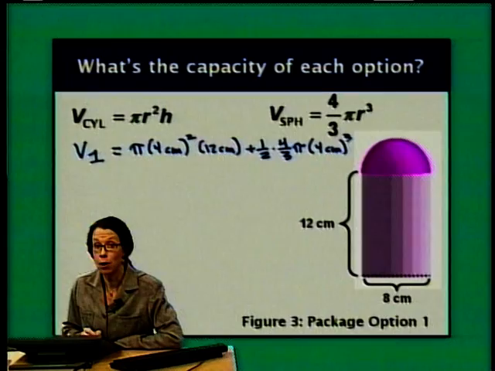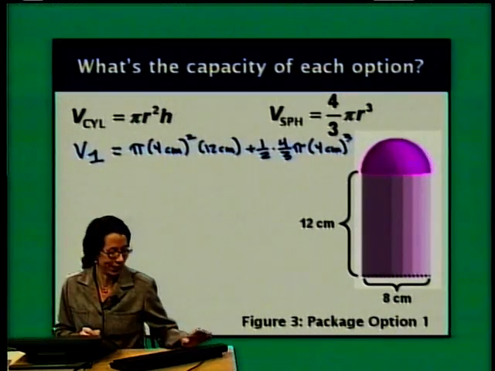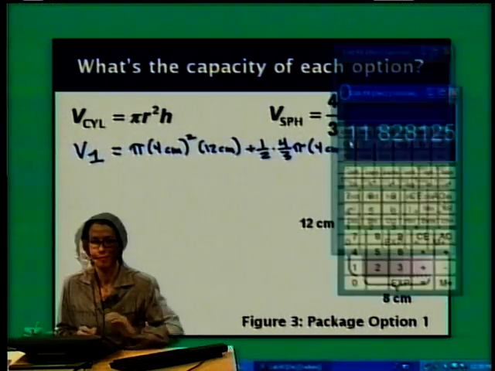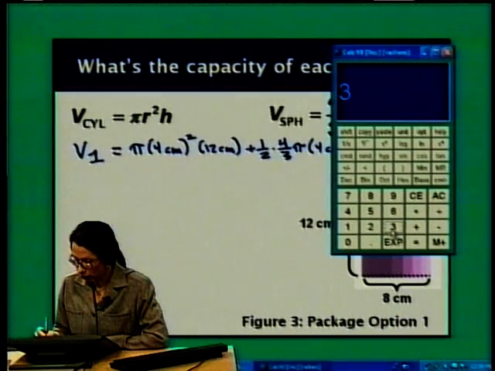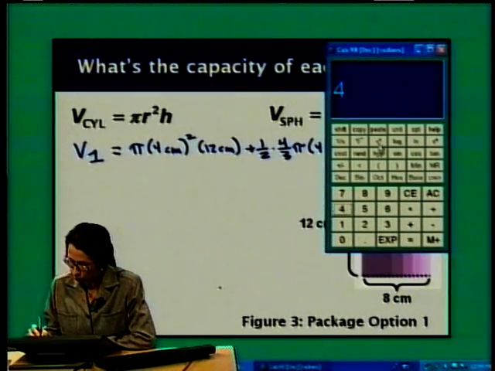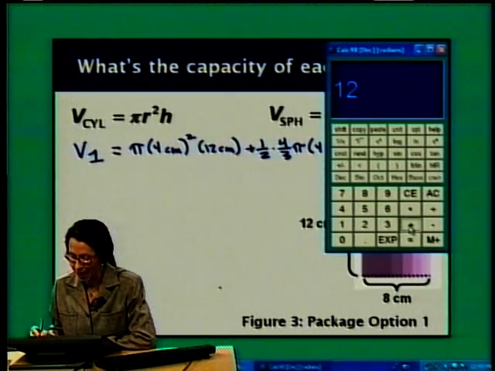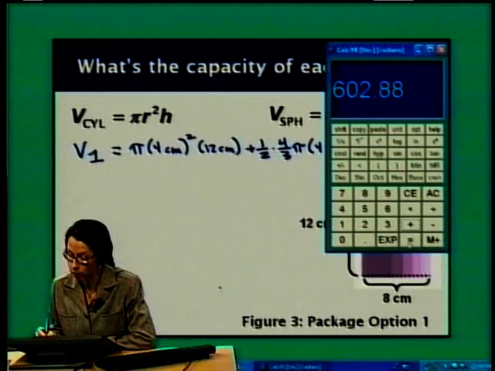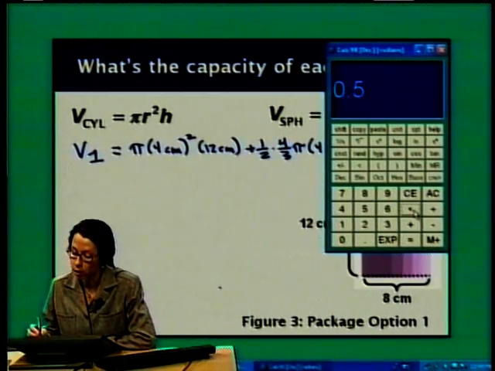So let me pull out my calculator to get a number here. I have pi, again I need to use an approximation, times 4 squared times 12, and now I'm going to add half the volume of the sphere, so that's 1/2 times, I'm going to enter 4/3 in parentheses.